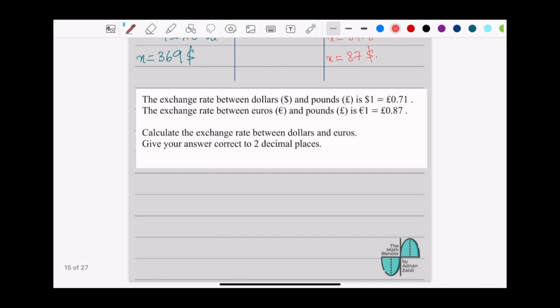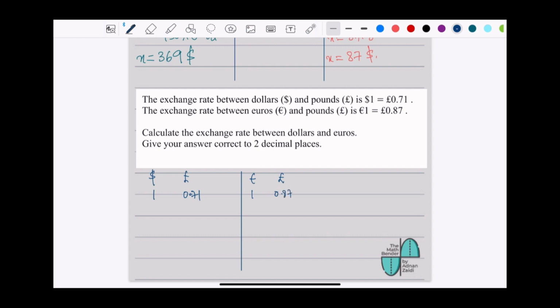Now looking at another question. The exchange rate between dollars and pounds is 0.71, and the euro to pound conversion is 1 for 0.87.